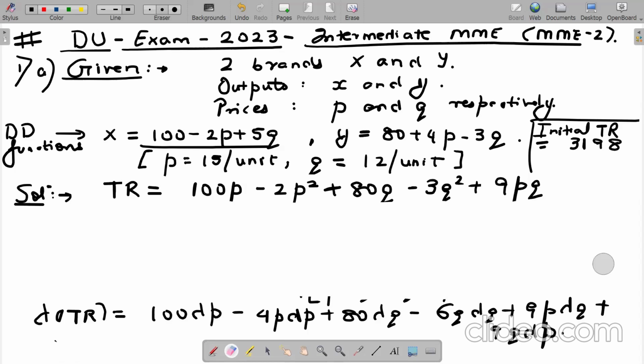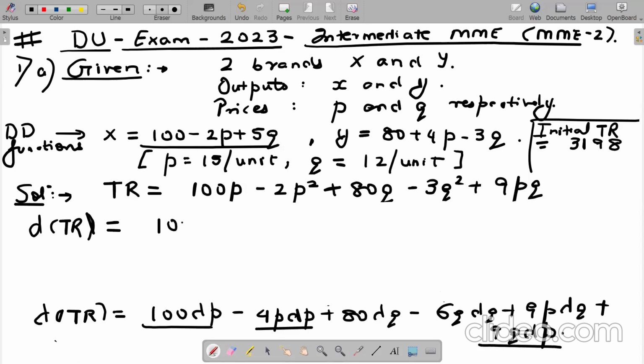For the equation at the bottom, I'm writing all the dp terms and all the dq terms together. So dTR is going to be, let's look at all the dp terms. dp, dp, dp. So I can write 100 dp minus 4p dp plus 9q dp. Okay, then I take all the dq terms together.